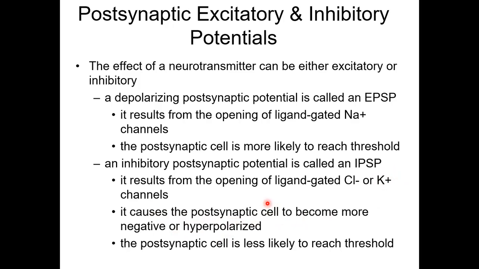Very difficult to create an excitation in a neuron where the millivolt inside the neuron is minus 90. So this is the molecular basis of the excitation versus the inhibition of the postsynaptic neuron.